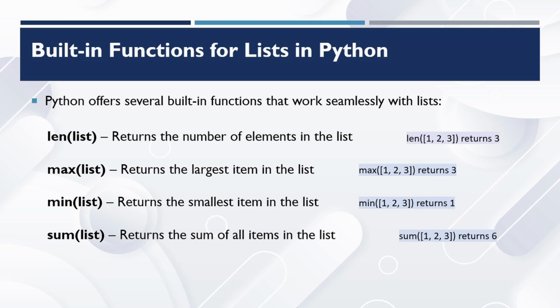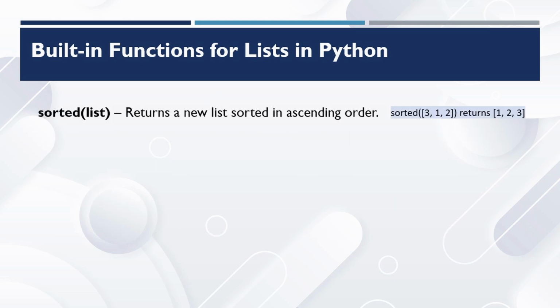The sum function is used to get the sum of all items in the list. For instance, sum of 1, 2, 3 will give the total of the 3 elements, that is 6.